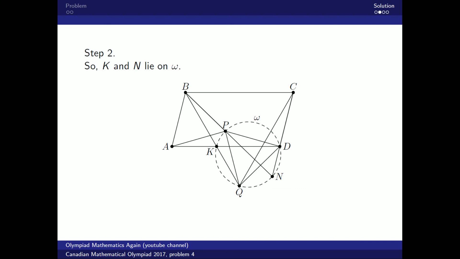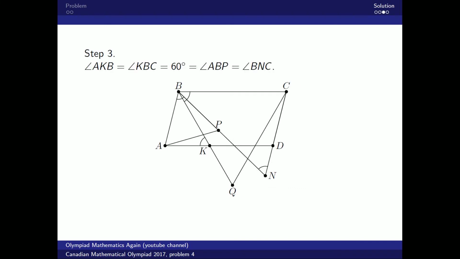So now we are going to step 3. In step 3, first let's establish the equality of some angles. We see that the angle AKB is equal to the angle KBC. This is because the sides BC and AD, the opposite sides in the parallelogram, are parallel to each other.